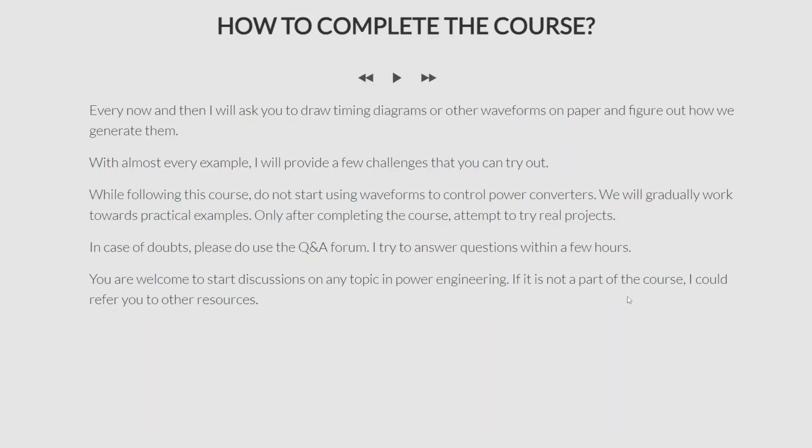So you can always go and start any discussion on any topic in power electronics, not necessarily just with this particular course. Because as I said, this course is just to give you a basic understanding of microcontrollers for power electronic applications. But you as a power engineer might have various other issues and I can always help you with various other topics.